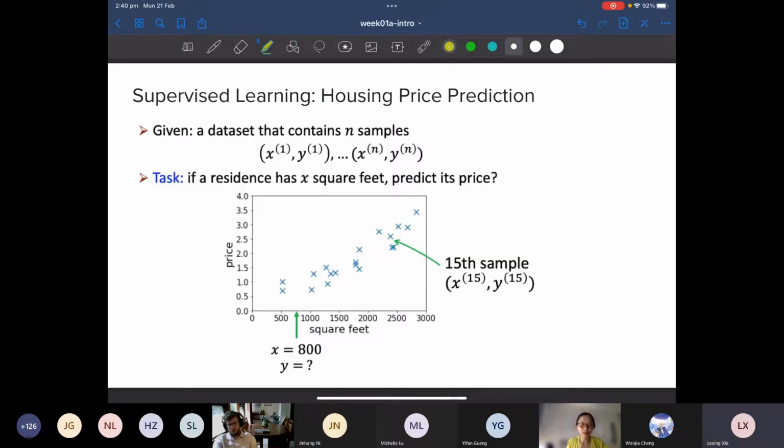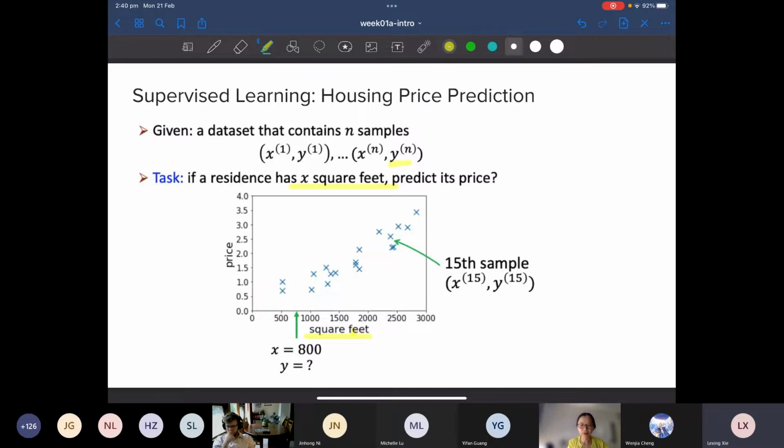Assume that's available, then we essentially have a data set that contains n examples, where the x's are the input and the y's are the output, namely price. Let's look at the simplest feature first, maybe the size of the property in square feet.